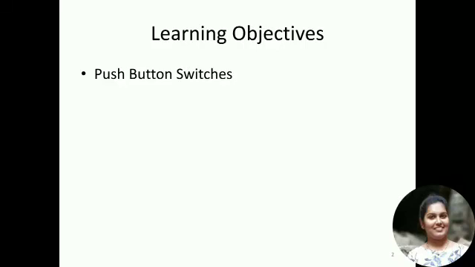A simple example is a torchlight. These toggle switches and slider switches are seldom used; we rarely see them compared with push button switches, which are very common in our day-to-day life.